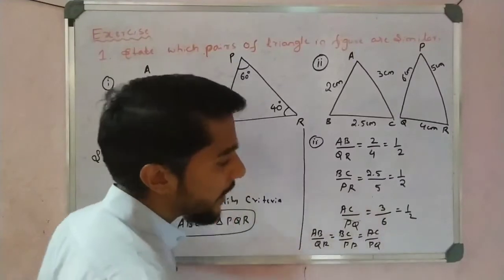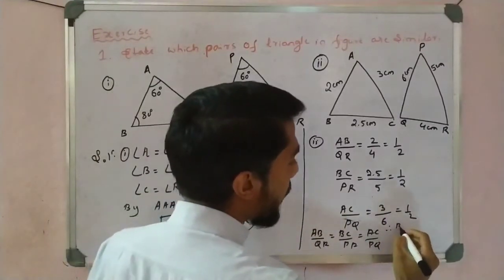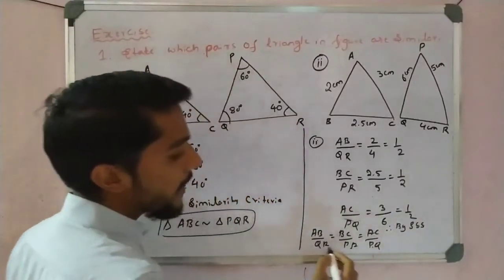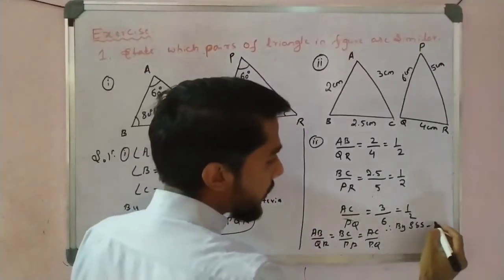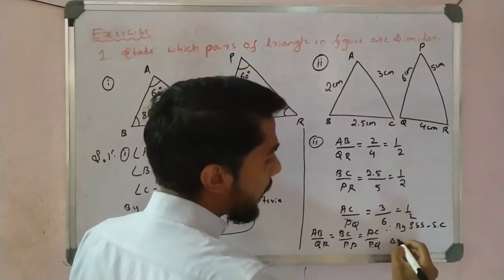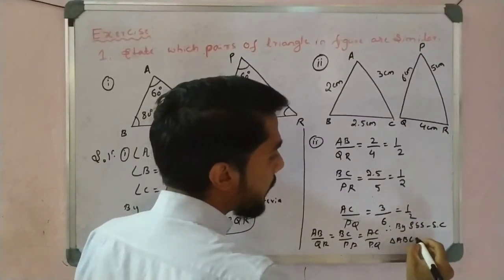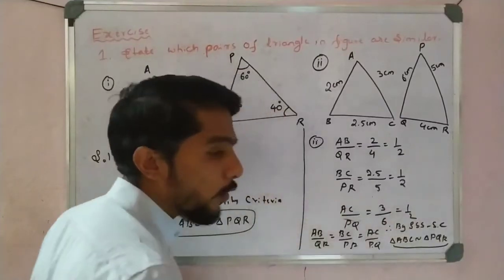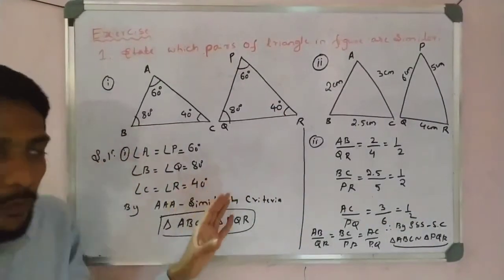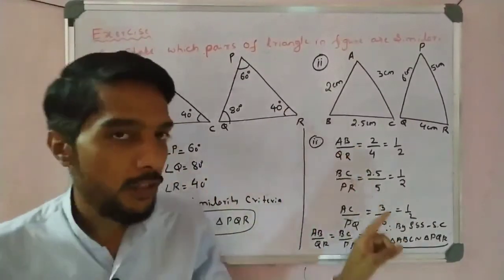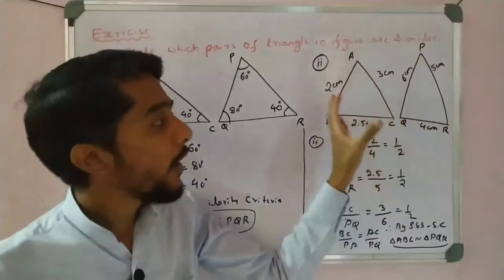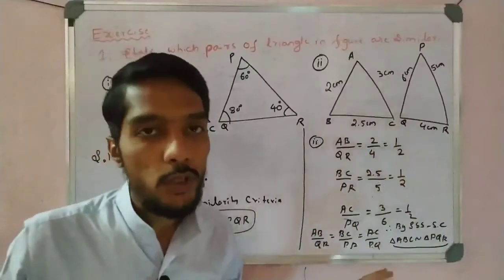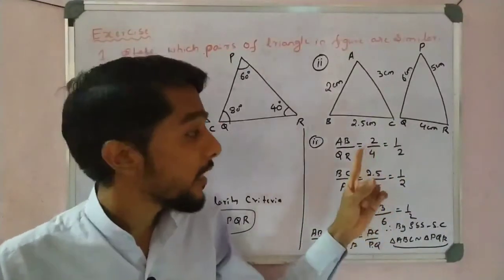So corresponding sides are in equal ratio, therefore by which rule? Yes, by SSS similarity criterion, triangle ABC is similar to triangle PQR. So that is how you have to select it, right? This is very easy, but this is a slightly different concept. We have to check by dividing which side to which side we get the same ratio, and select that side, and that side is called the corresponding side.